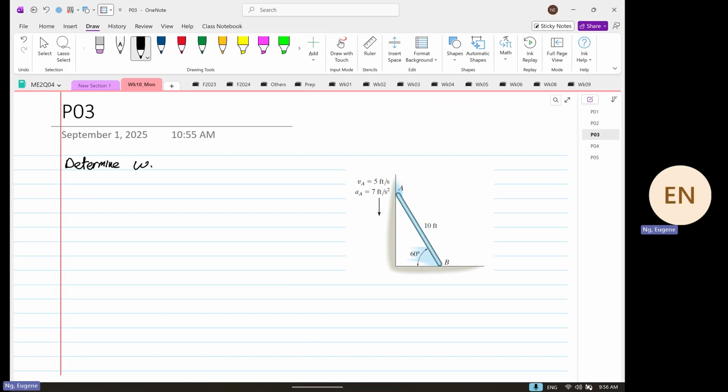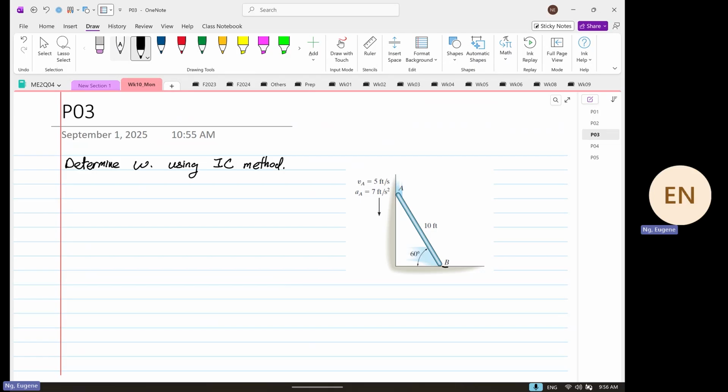We are going to determine omega using the instantaneous center method. This is a revision for you guys. So we know that V_A is moving down in that direction.